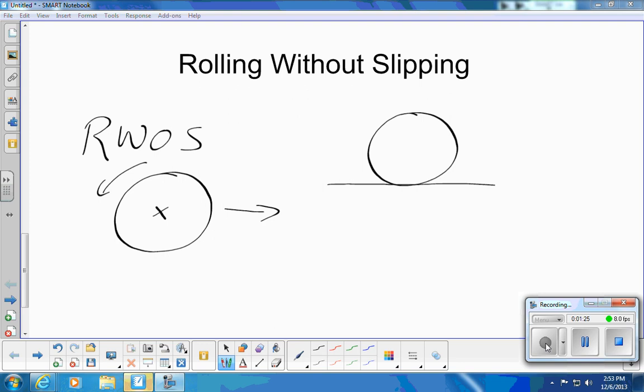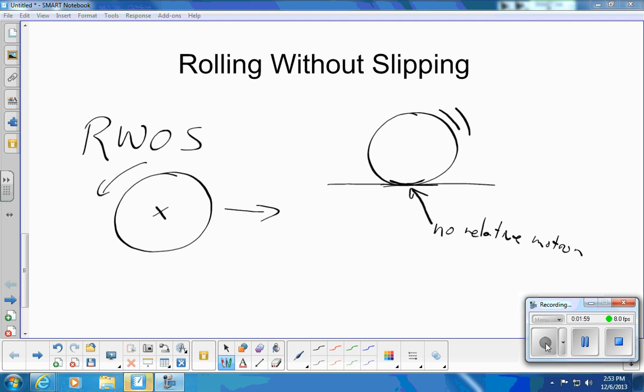And what it really means, from the physics geek's point of view, is that at this point in contact, down here with the rolling thing, so this is clearly rolling from right to left, where that is in contact with the ground, the relative velocity of the bottom of the wheel and the ground is zero. There is no relative motion, in other words, no sliding at that point. And so therefore it's not slipping. If it's rolling, then it's rolling without slipping.